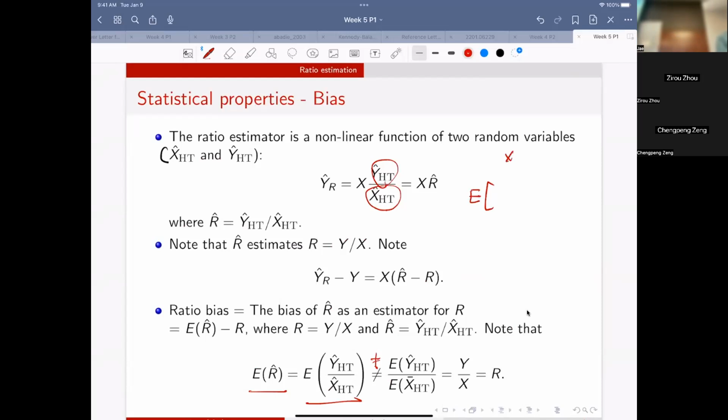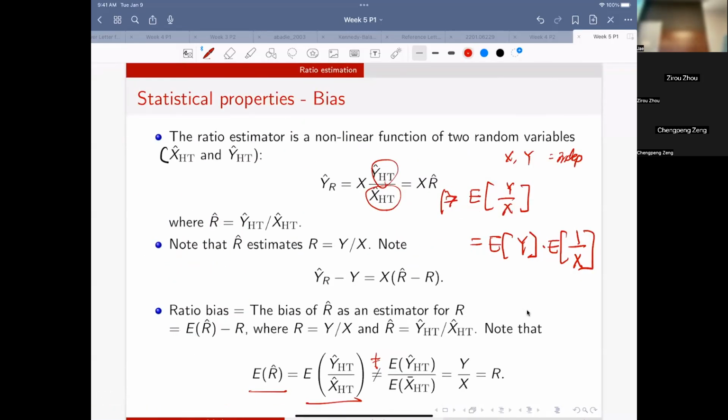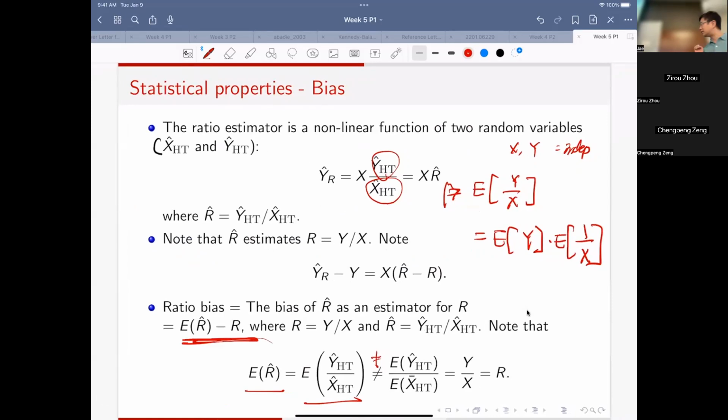So if X and Y are independent, then for Y divided by X, all you can say is that this is Y times 1 over X. You can do that, right? But even this one is not equal to this. So we need to investigate the nature of this ratio bias.